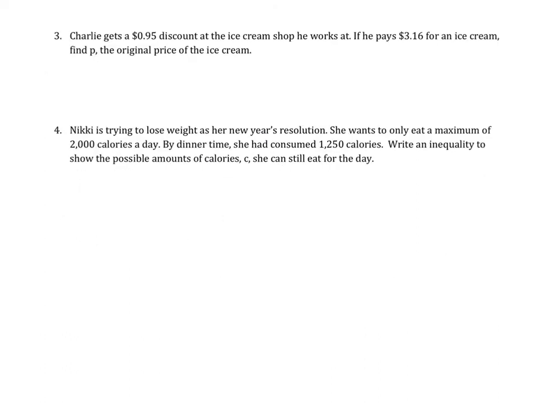Okay, Charlie gets 95 cents discount at the ice cream shop he works at. If he pays $3.16 for an ice cream, find P, the original price. If I know that $3.16 is my total, that's going to be my equals. So I'm going to do the original price minus 95 cents equals the $3.16.